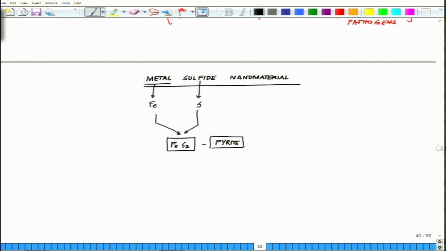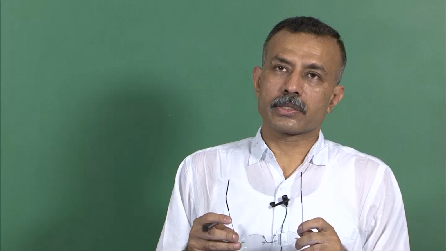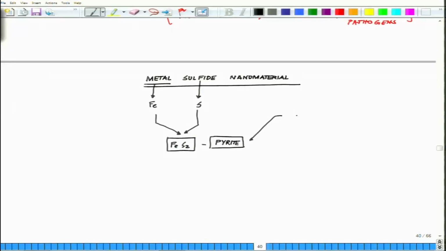There is a huge amount of pyrite all over the earth crust, especially if you go to places close to the coal mines, or you visit places like Rio Tinto river valley in Spain, or there is another place where there is a rich source of pyrite.